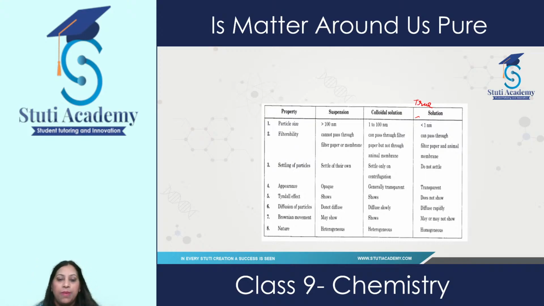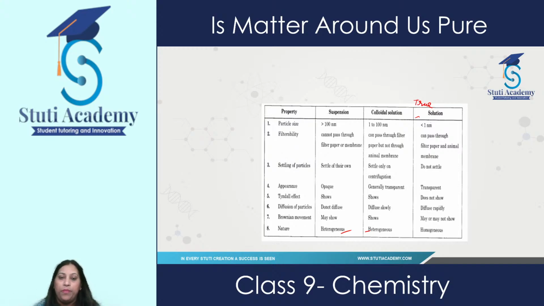And if you're talking about the property, true solution is homogeneous, and colloidal solution is heterogeneous, and suspension is also heterogeneous.